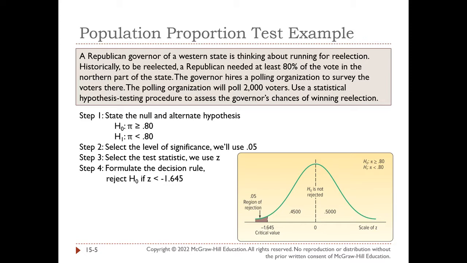We're going to use Z. Using our chart, we find that the critical value is 1.645, or, since we're doing a less than, negative 1.645. That's basically the alternative. When it's less than, it's a negative. So the decision rule is we're going to reject the null if Z is less than negative 1.645.